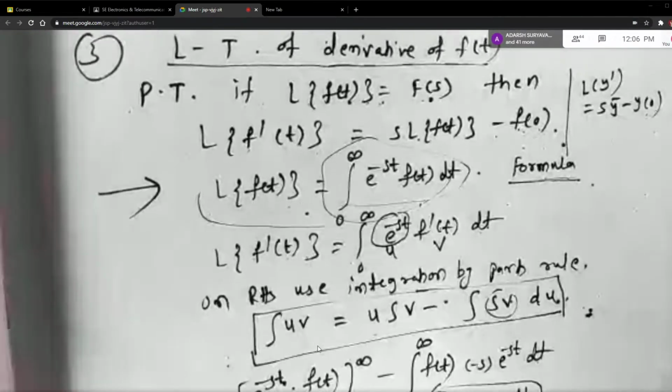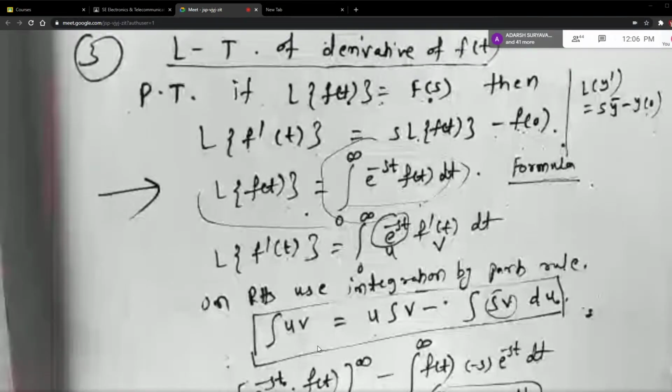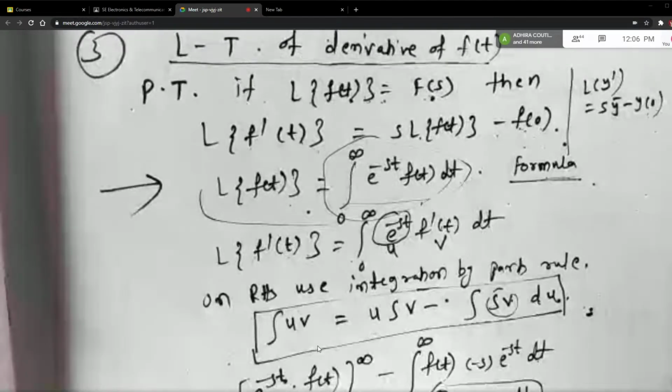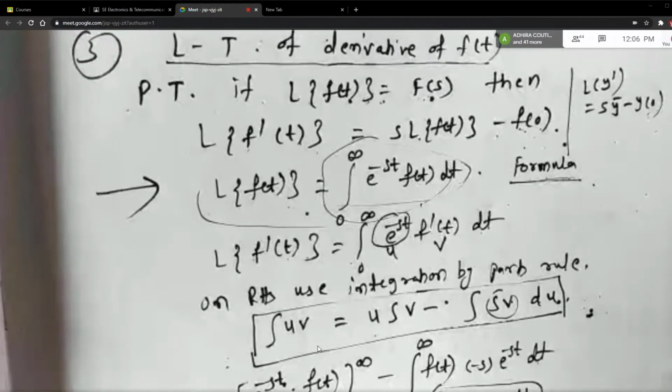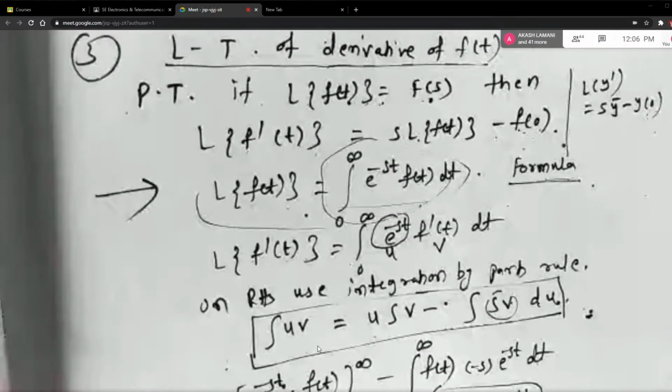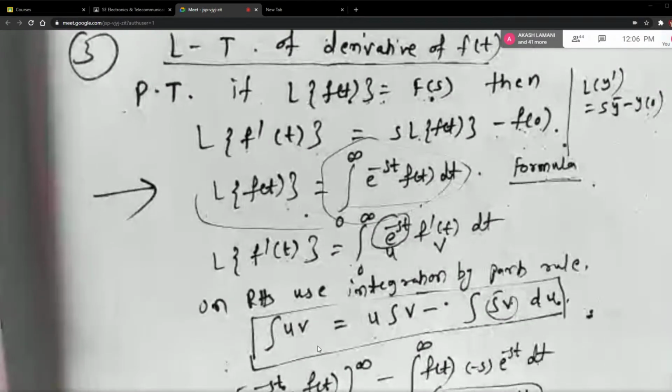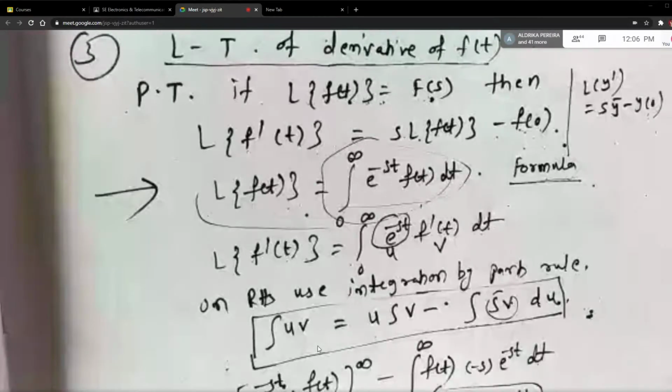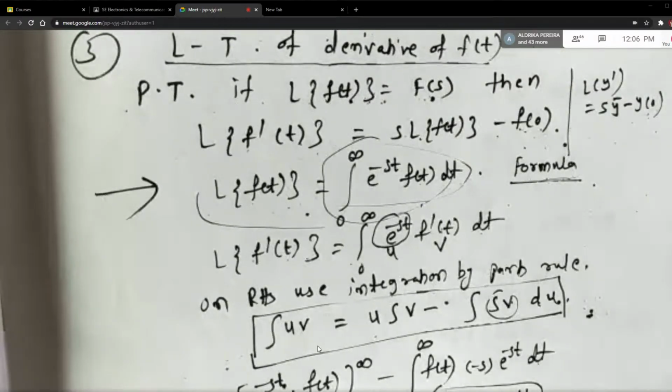Akash, can you tell? Yes, because when you find the Laplace transform of some function, it is in terms of s. Therefore, it is denoted by capital F of s.